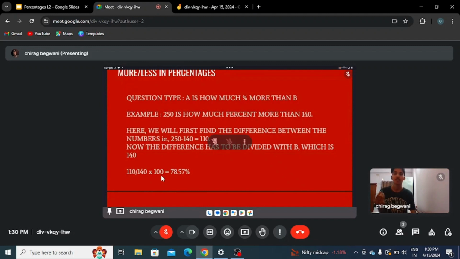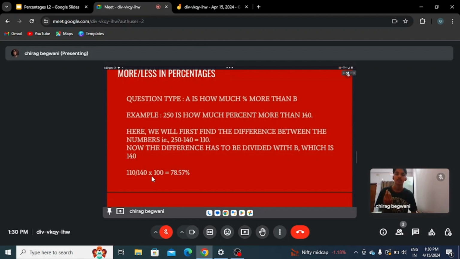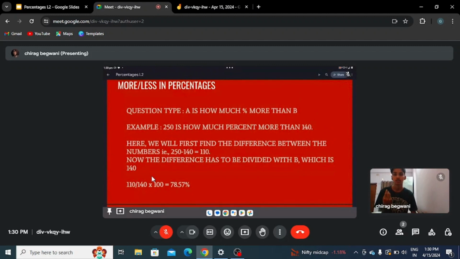If you don't multiply by 100, you'll get 0.785 and so on, so that identification has to be done. This is one shot. We don't have to show the workings, so we can use all sorts of shortcuts and methods. Whatever gives us the answer in the fastest manner, we just have to use that method.